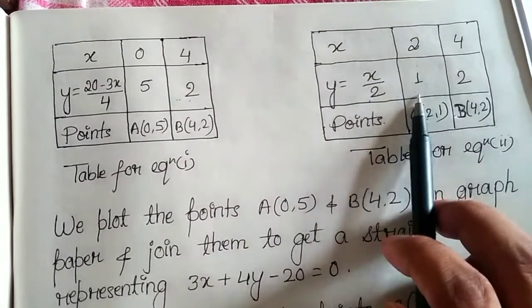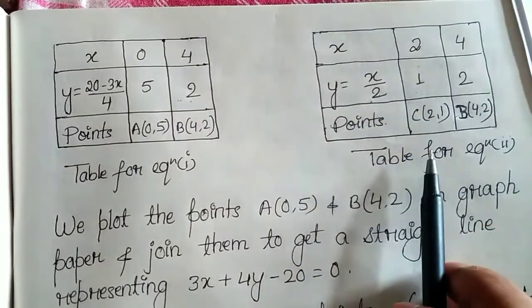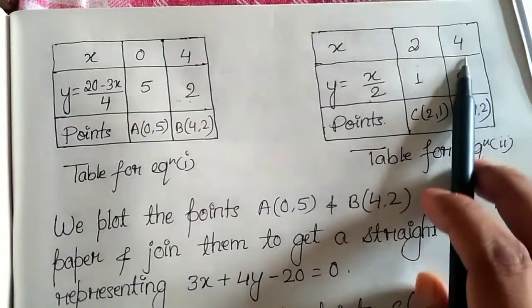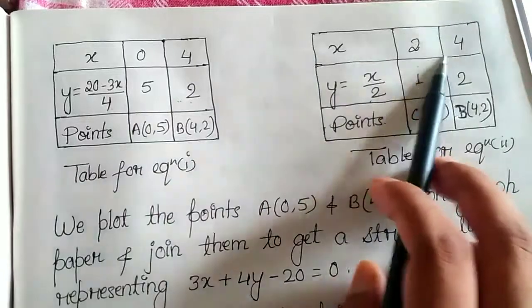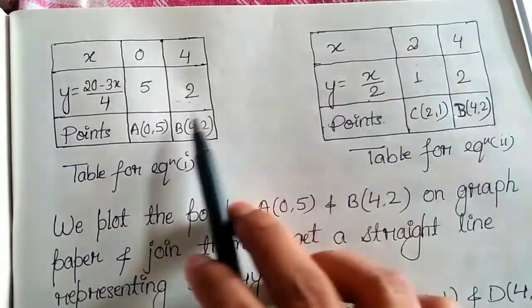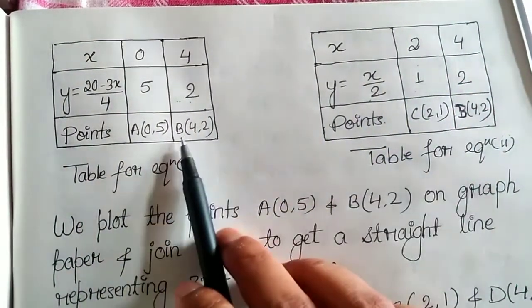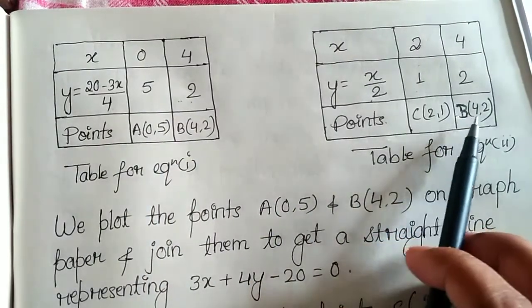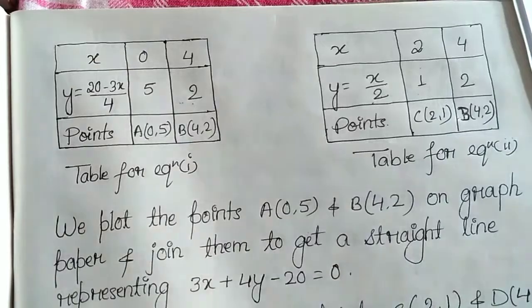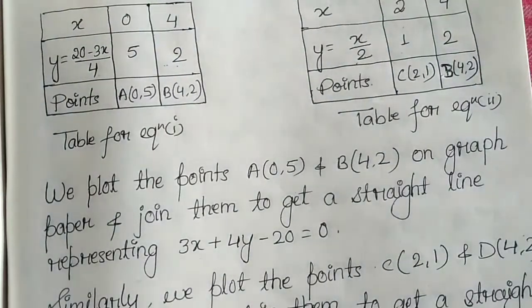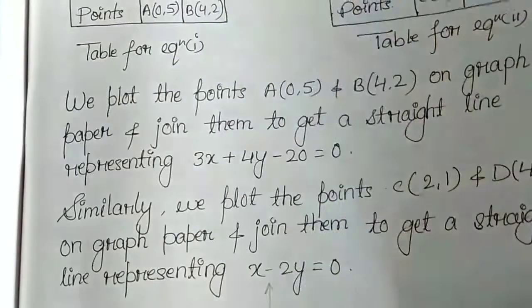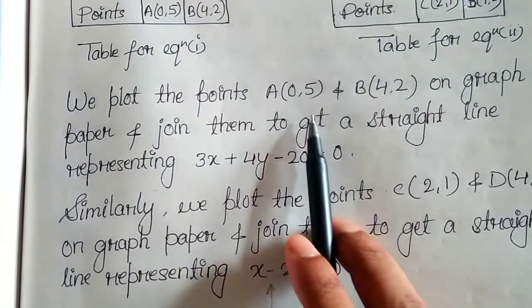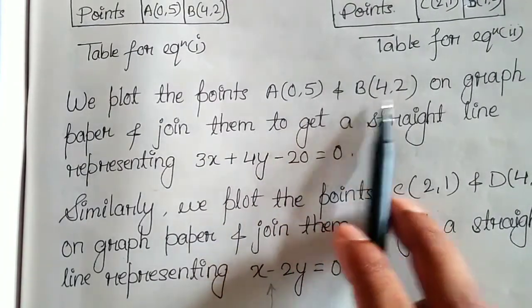The first point is 2, 1, and the second point, you see, is the same as one of the earlier points. So we will represent it by the same alphabet, B. So B will be 4, 2. Now take your graph paper and plot these points A, 0, 5 and B, 4, 2.